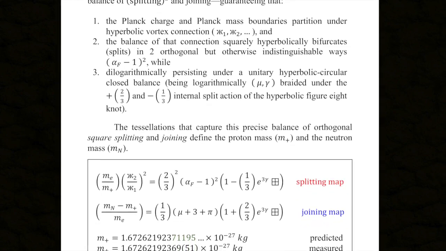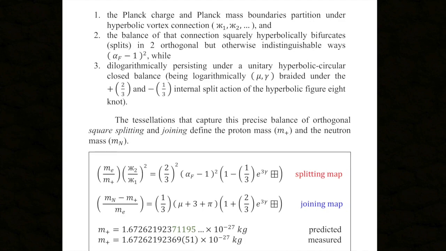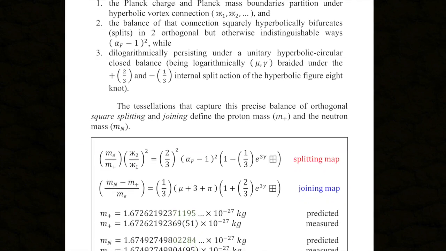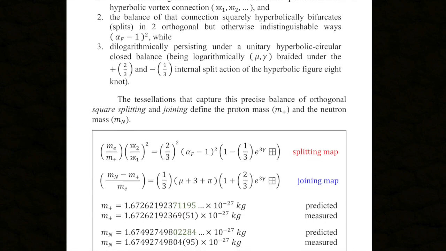The tessellations that capture this precise balance of orthogonal square splitting and joining define the proton mass and the neutron mass.